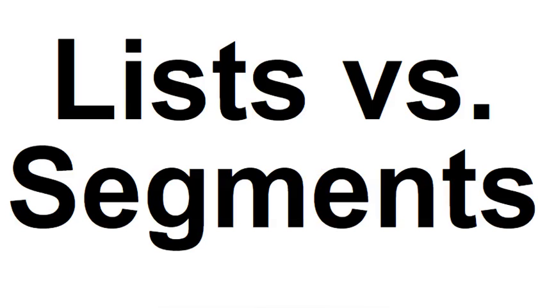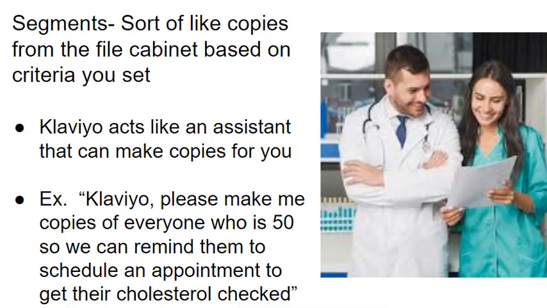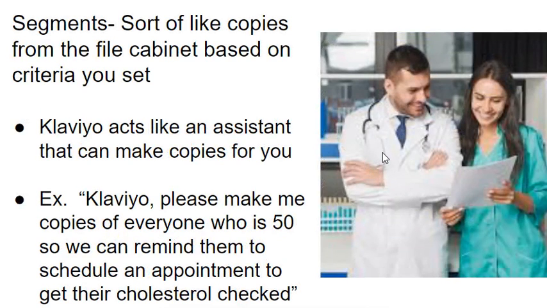Okay, lists and segments. In the last video we talked about the difference between a list and a segment. Remember I said lists are kind of like file cabinets where you collect contact information and other information about your customers and you keep it there forever. It never leaves unless you go in and manually delete it, right? Segments, however, are more like copies of groupings of things based on what you decide.